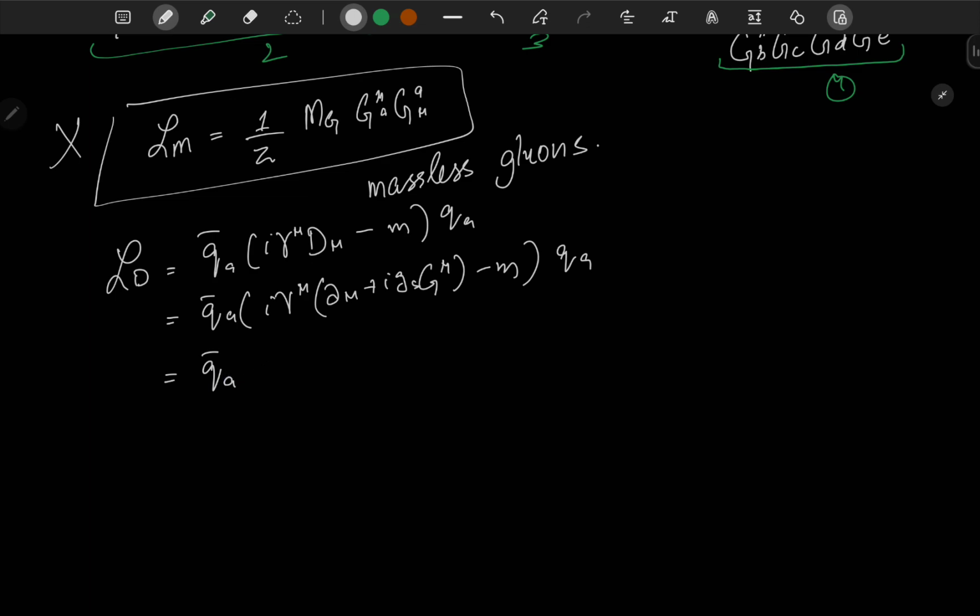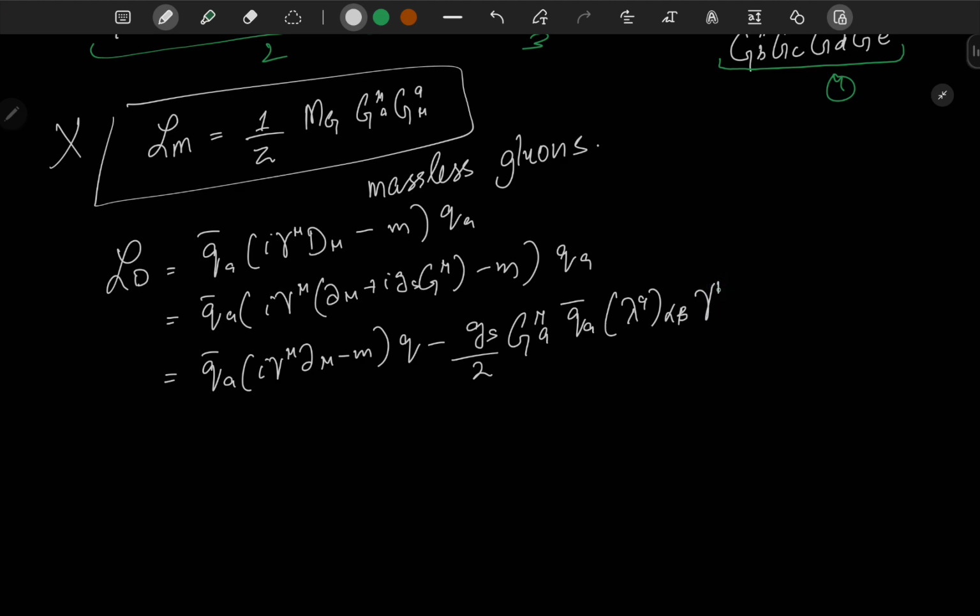I'm just going to write down the result: i gamma mu d mu minus m q minus gs divided by 2 g mu of a, and the summation sign is compulsory, under alpha beta gamma mu q beta.